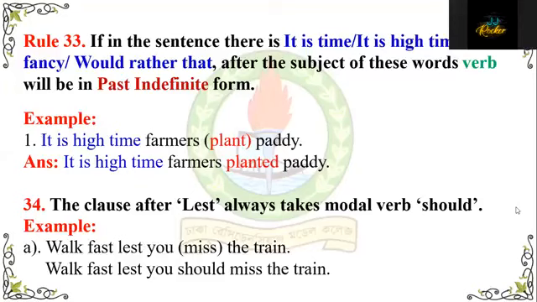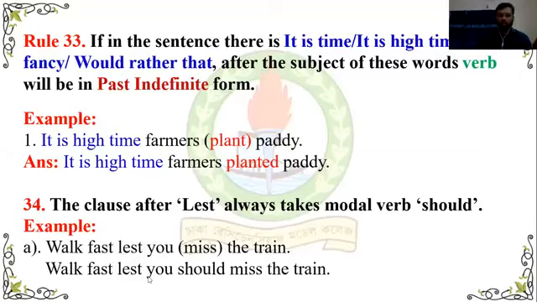Sir, if we write will in rule 34, will it be wrong? What will you use instead of should? Will. No, will is not accepted here. I told you it is universal for lest. So you must use should after lest.